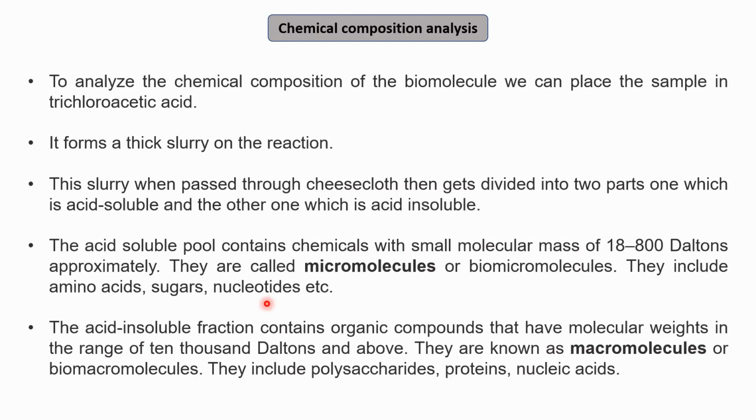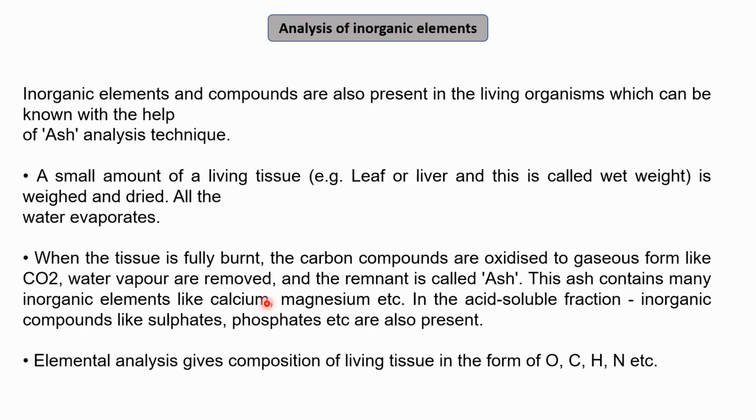Now, besides chemical composition analysis, we can also analyze the inorganic elements present within the living organism. Inorganic elements and compounds are also present in living organisms, and they can be identified with the help of the ash analysis technique.